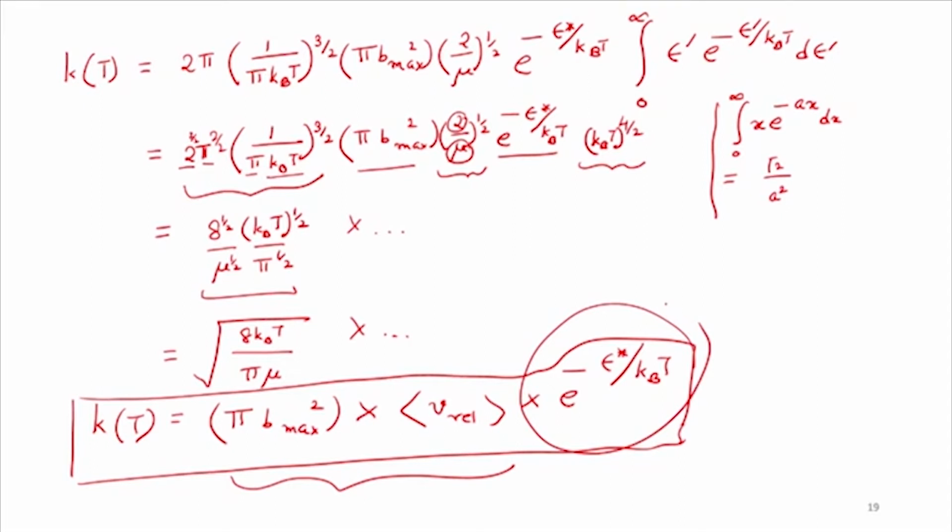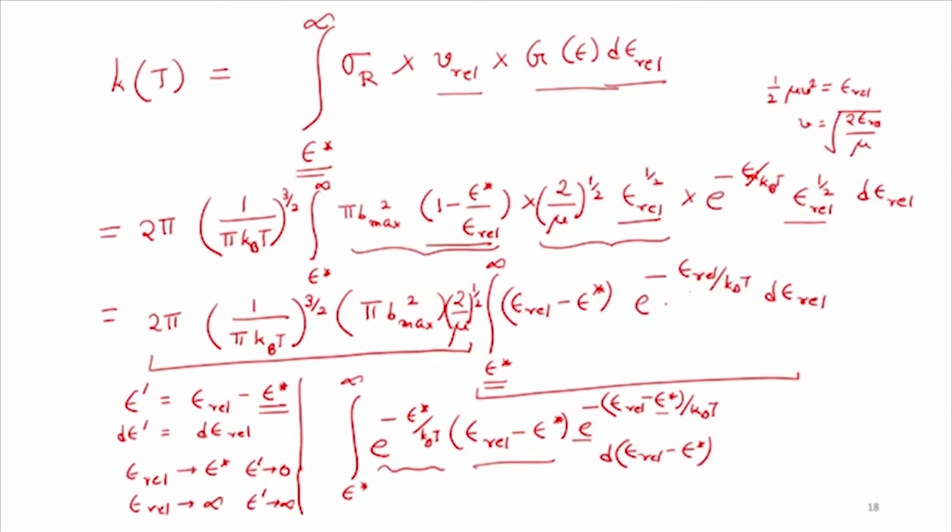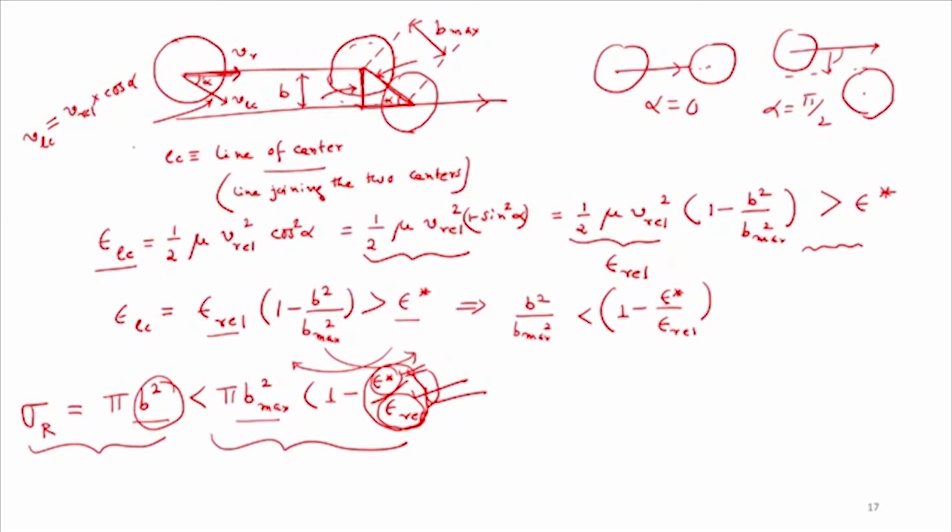Now this is a very beautiful result, because what we were looking for, we got it, because it shows the Arrhenius-like behavior, and we got it just by using the fact that the ratio of this impact parameter to the maximum impact parameter will be connected to this threshold energy.